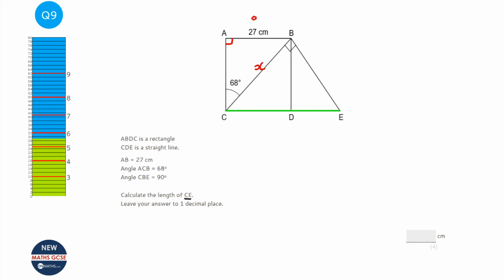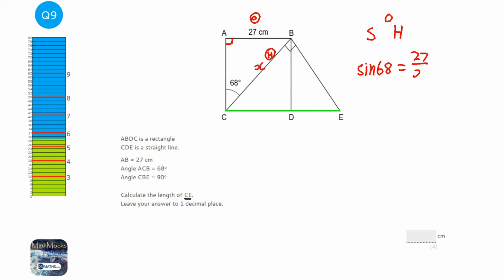So we've got opposite and we've got the hypotenuse, so we're going to use sine, so SOH. So it's going to be sine 68 equals 27 over x. And I'm going to times both sides by x and divide both sides by sine 68. So that gives me x equals 27 over sine 68.